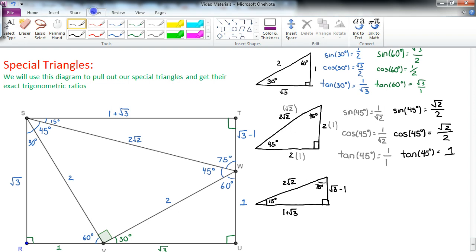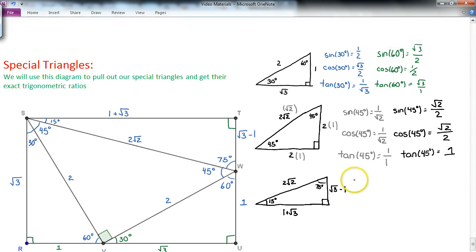So now we can say sine of 15 degrees is going to be root 3 minus 1 over 2 root 2. Cos of 15 degrees is going to be 1 plus root 3 over 2 root 2. Tan of 15 degrees is going to be root 3 minus 1 over 1 plus root 3.